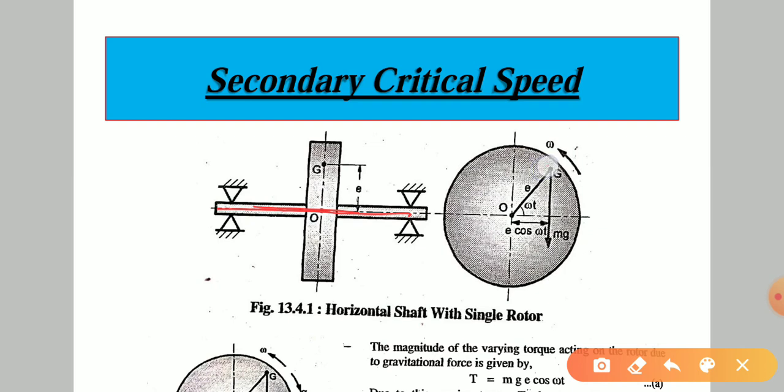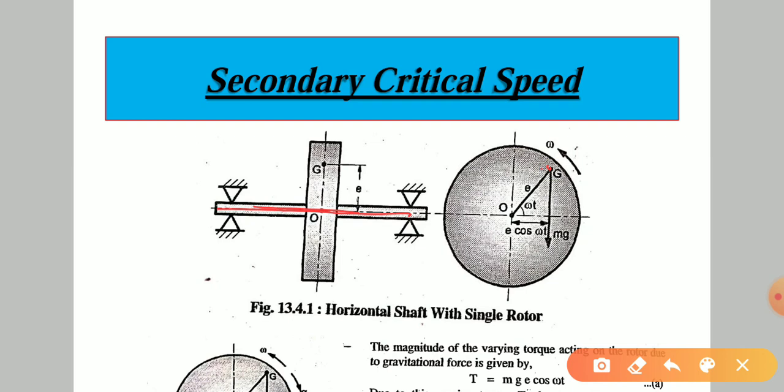This is the center of gravity of the rotor, and this effect has been noticed in horizontal shafts only and is totally absent in the case of vertical shafts. The importance and severity of this secondary critical speed is very much less than the main or primary critical speed. Let us consider an example.